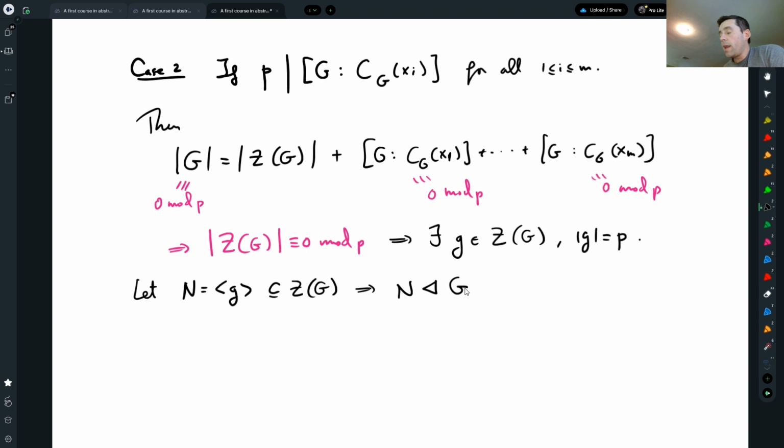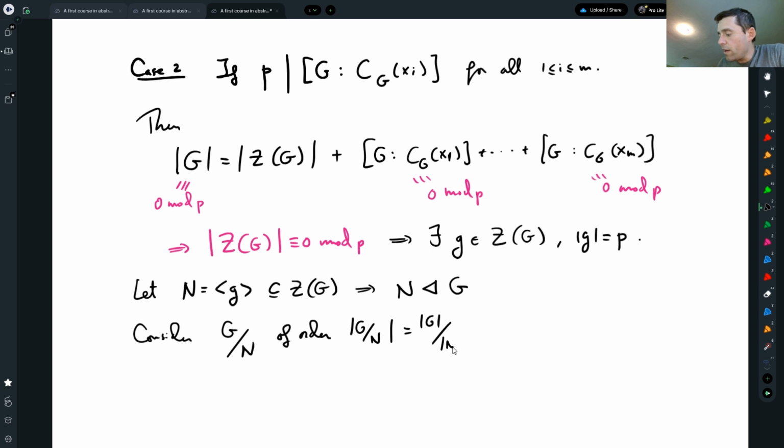And now we're going to consider the group modulo N. What is the order of this quotient? It will be the order of the group divided by the order of N. The group had order p to the r times k, I think we said, and N has order p.